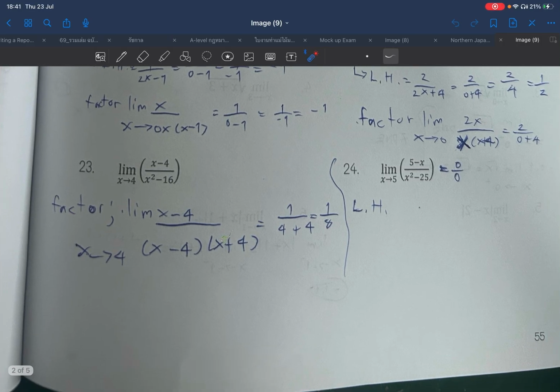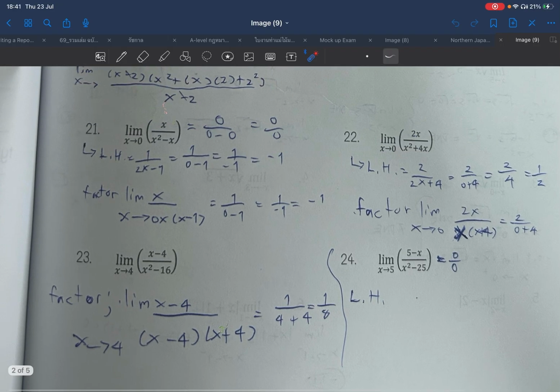Alright, so number 23. The factor. Let me see. We can also use direct substitution to get 0 over 0, but factoring can also be used as well. So we should get the limit of x minus 4, as x approaches 4, we should get x minus 4 and x plus 4.